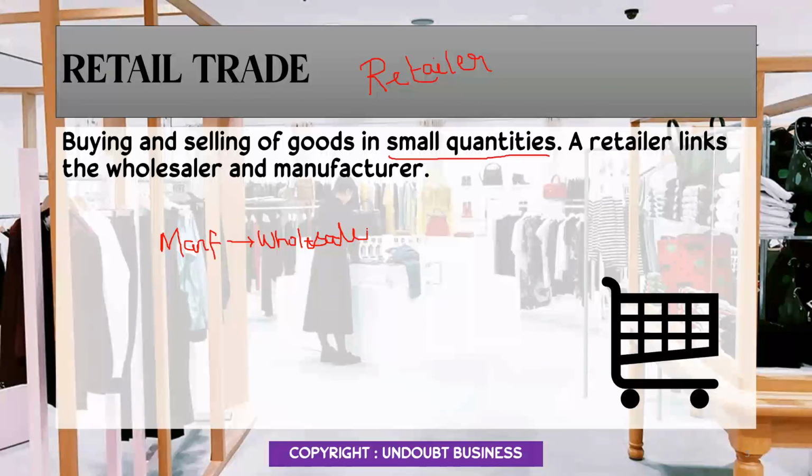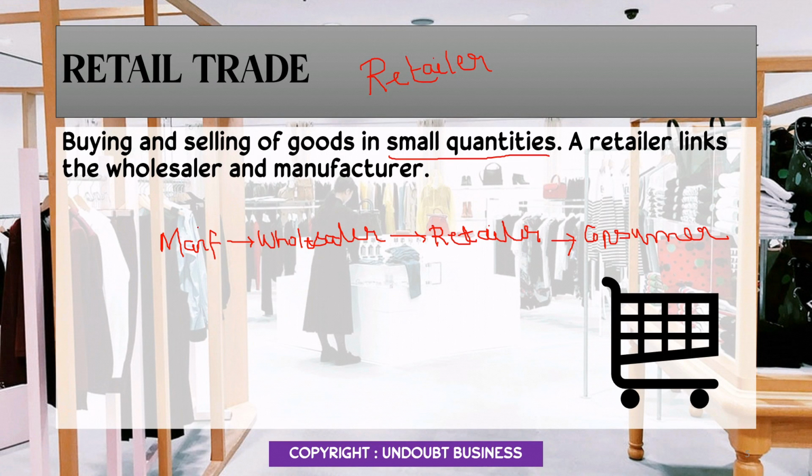Now, the wholesaler will sell the commodity to the retailer, and then the retailer to the consumer. And who is the consumer? We are the consumer, you are the consumer. We will purchase this commodity. Pardon me for my writing.